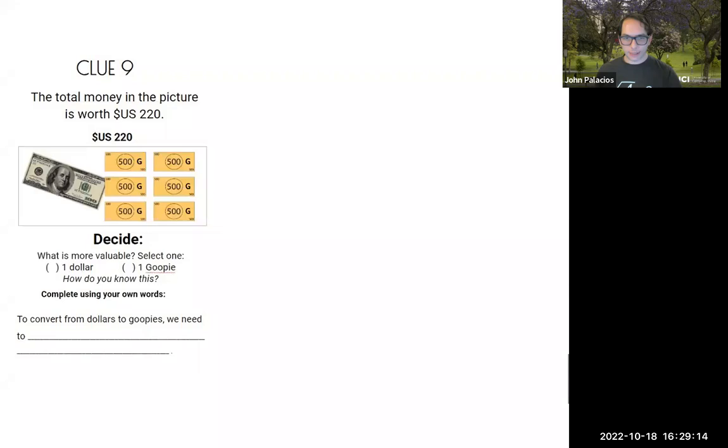This one, I think I am going to explain purely algebraically, and I'll leave it up to your creativity to maybe guide your students through this. So if D is a number of dollars and G is the number of goopies, then we have from the picture $100 plus 6 times 500, which is 3,000 goopies, is equal to a total of $220.